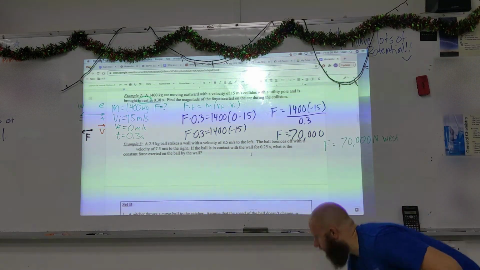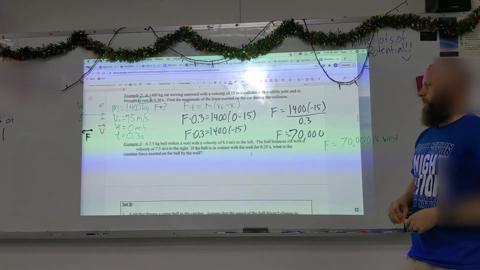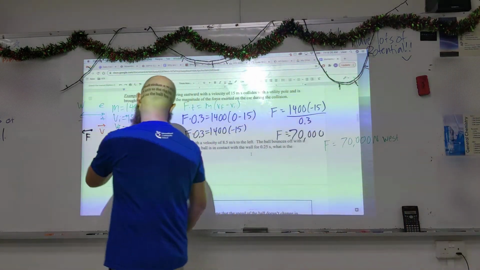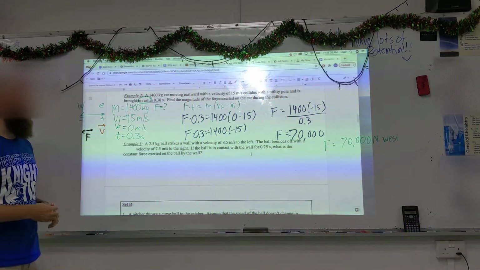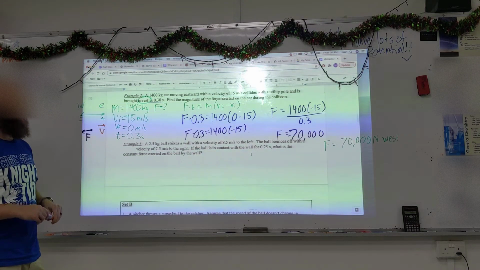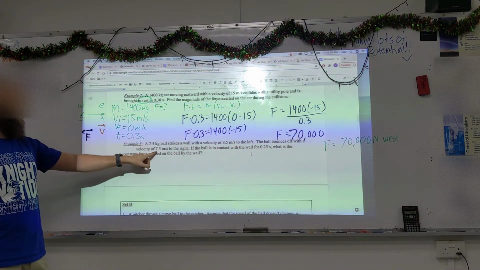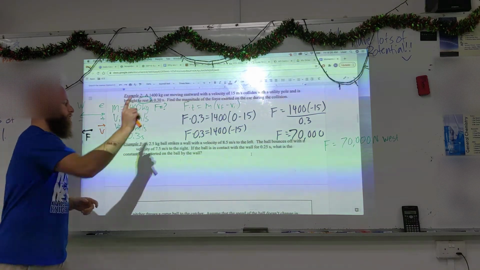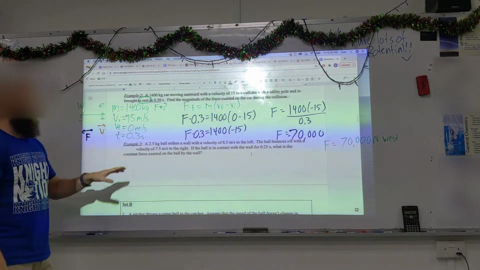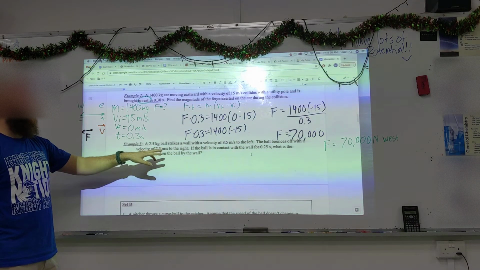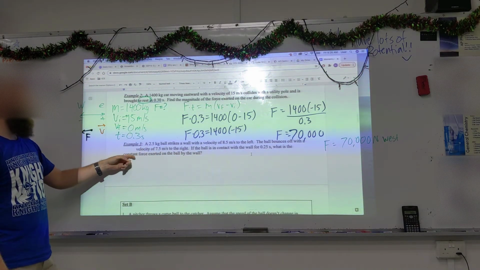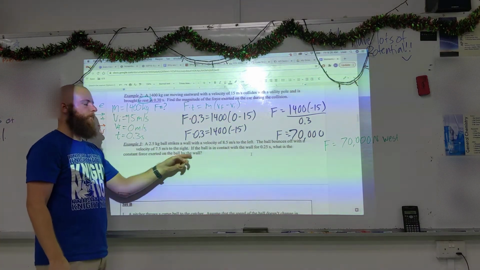Let's go ahead and look at this second example. Okay? I have a 2.5 kg ball that strikes a wall with a velocity of 8.5 meters per second to the left. The ball bounces off with a velocity of 7.5 meters per second to the right. If the ball is in contact with the wall for 0.25 seconds, what is the constant force exerted on the ball by the wall?